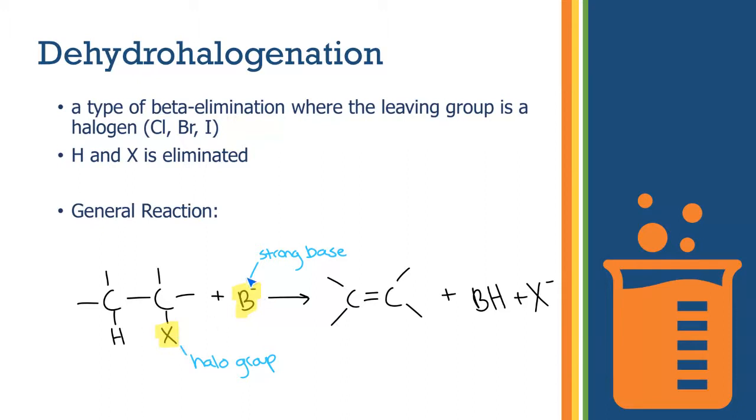You need a strong base, so again, it's typically an alkoxide or hydroxide. And your product is an alkene, plus BH, so the base combines with the hydrogen, and then the halo group comes off as an anion.